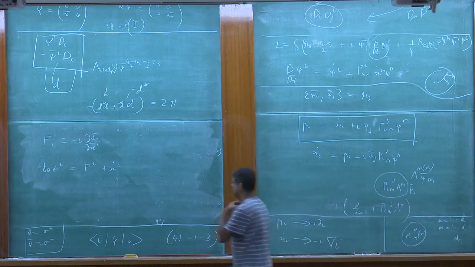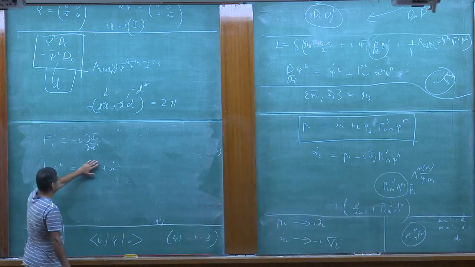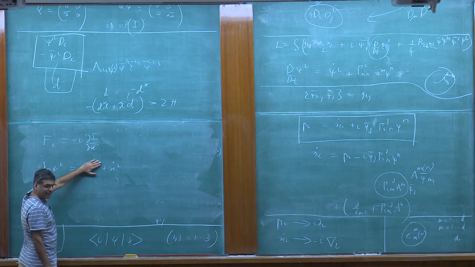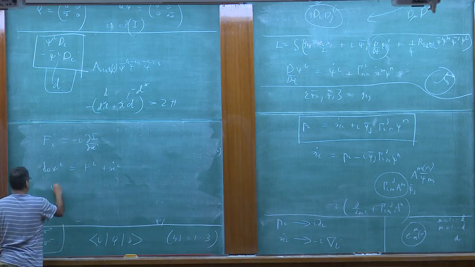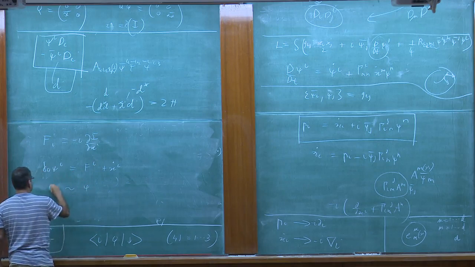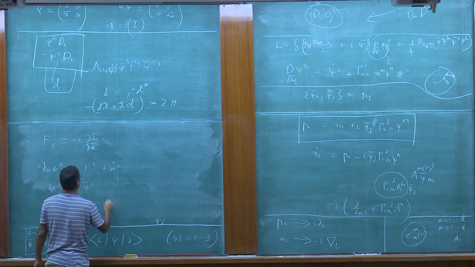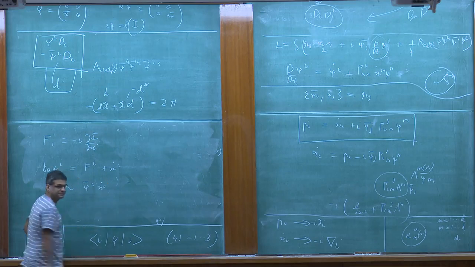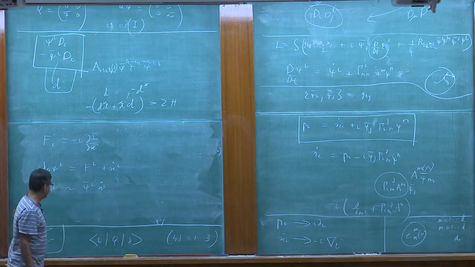In the absence of this F_i, we had that Q was ψ̄_i ẋ^i. That's what we had 5-10 minutes ago.